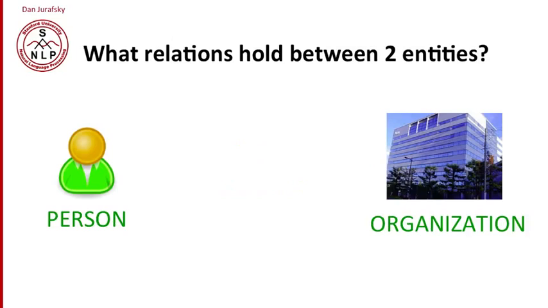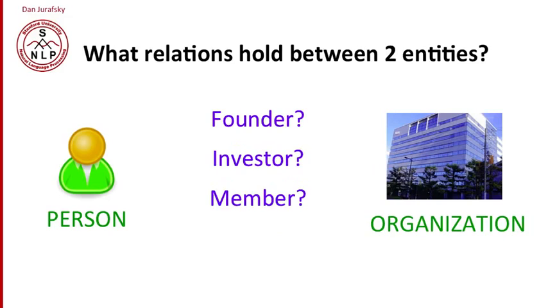Between a person and an organization, the person could be the founder of the organization, an investor in the organization, a member of the organization, an employee of the organization, or the president of the organization. So any kind of relation may hold between these entities, although there are constraints. The person can't be the cure or the disease cause or other kinds of things. So there are constraints from the named entities, but lots of other relations meet those constraints.